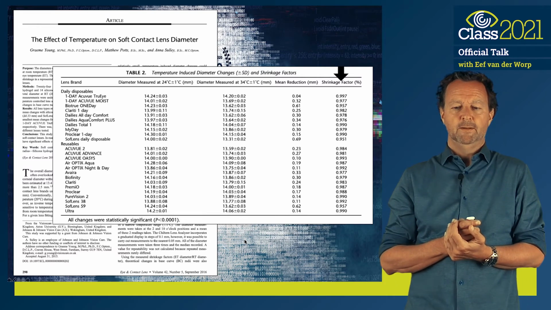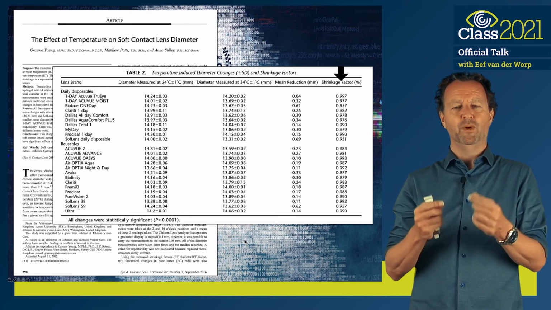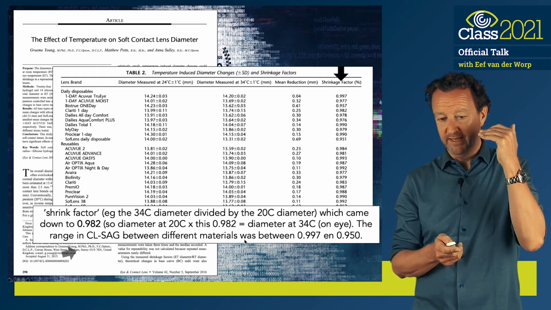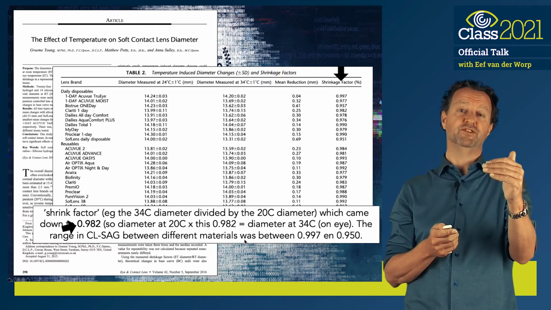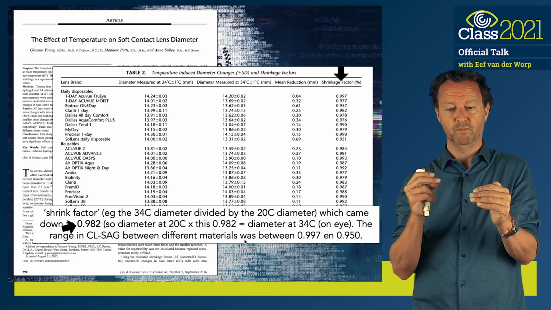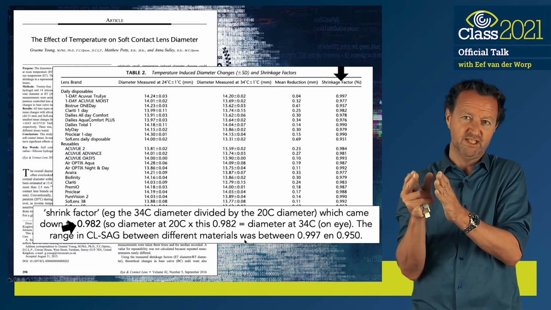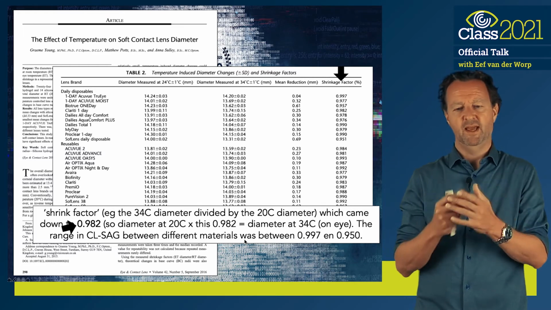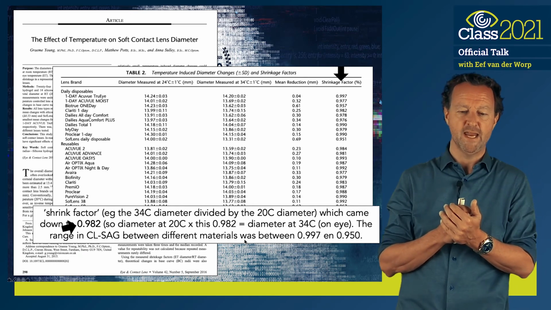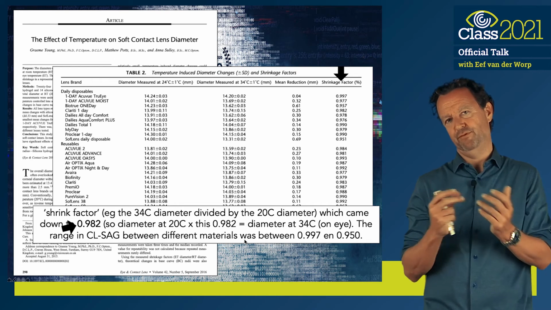Well, Graham Young came up with a shrink factor. He took the 34 Celsius data on diameter, and divided that by the 20C data, and then you come up with a shrink factor, and the shrink factor was 0.98 on average.